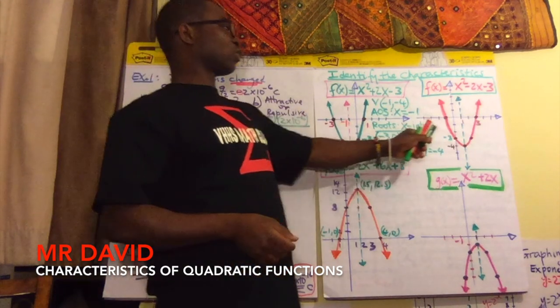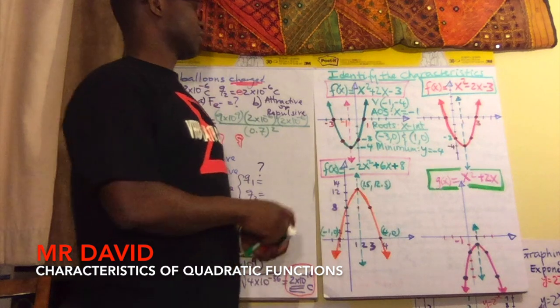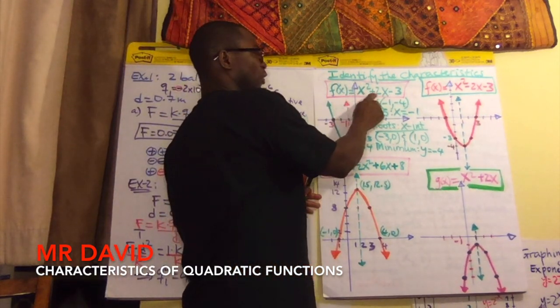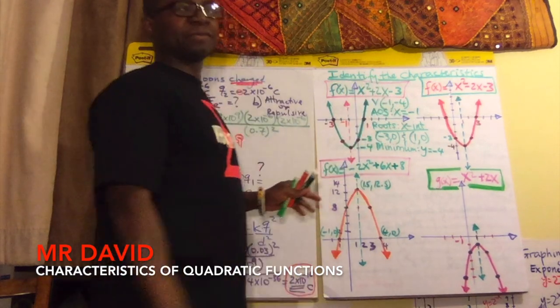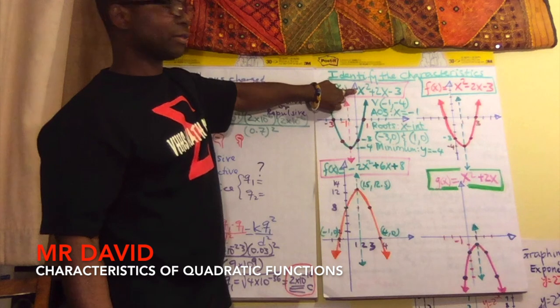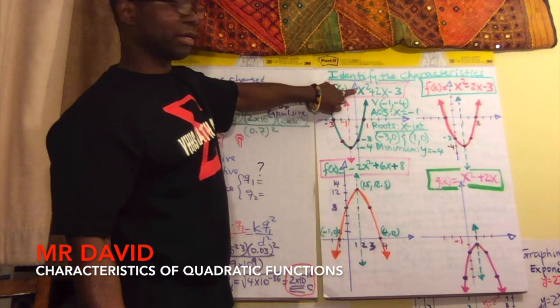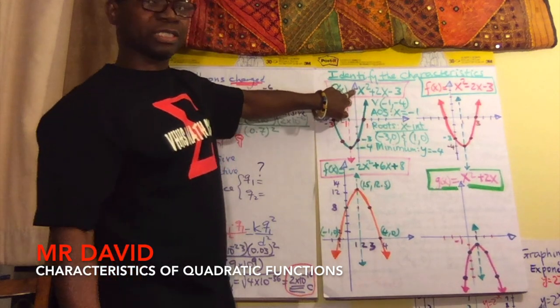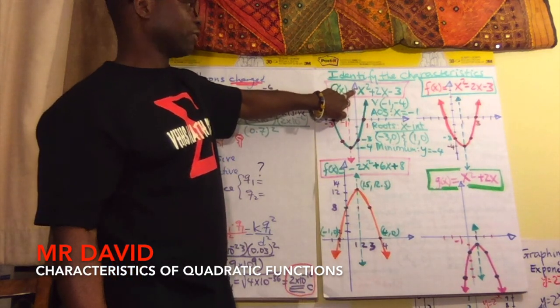Now if you look at the next one, by the way, the first function is x squared plus 2x minus 3. A is an invisible 1. When we have a happy face, a is positive, greater than 0.